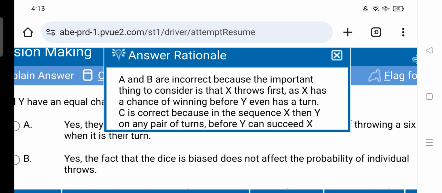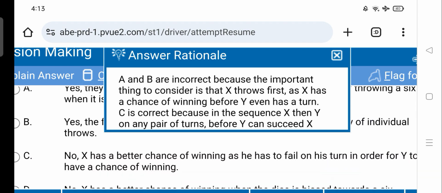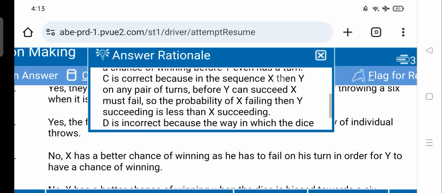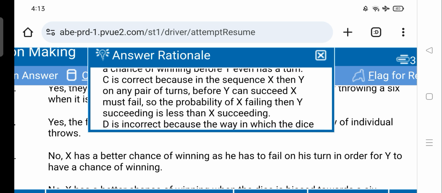C is correct because in the sequence X then Y, on any pair of turns before Y can succeed, X must fail. So the probability of X failing then Y succeeding is less than X succeeding.